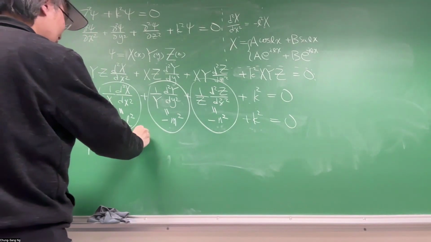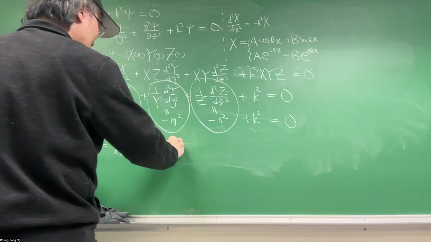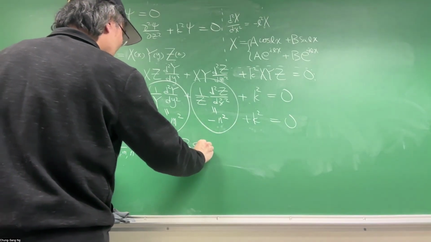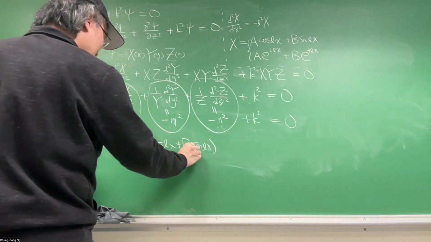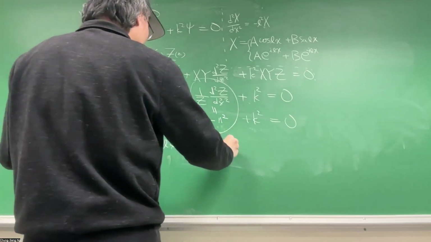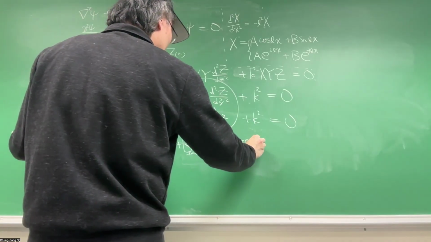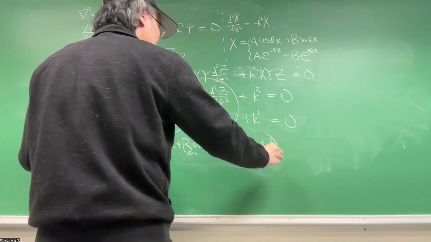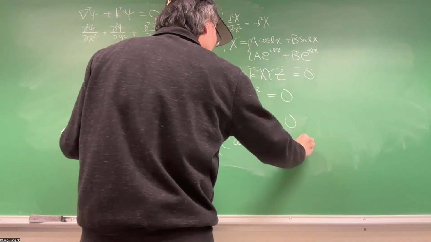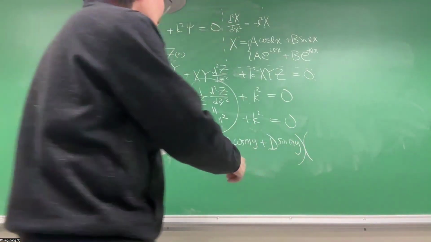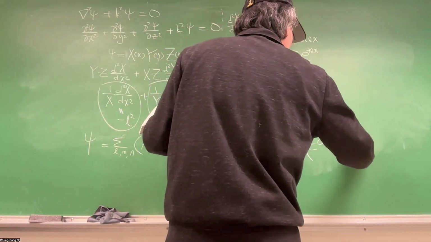And then you sum over your three factors: A cosine Lx plus B sine Lx, where the coefficients all depend on L, m, n. Then C cosine my plus D sine my, and then E cosine nz plus F sine nz.